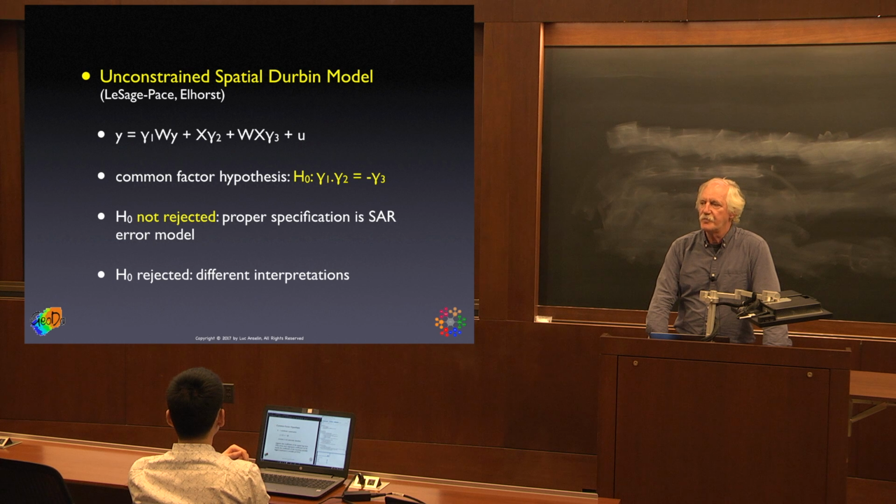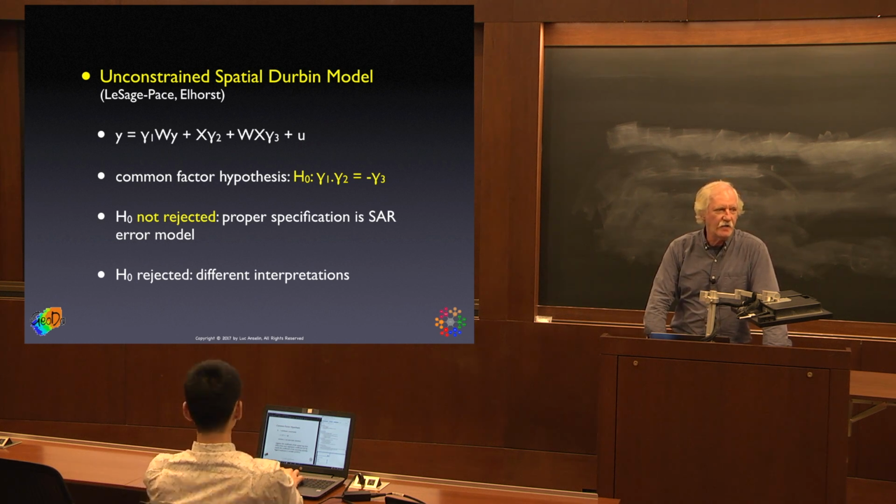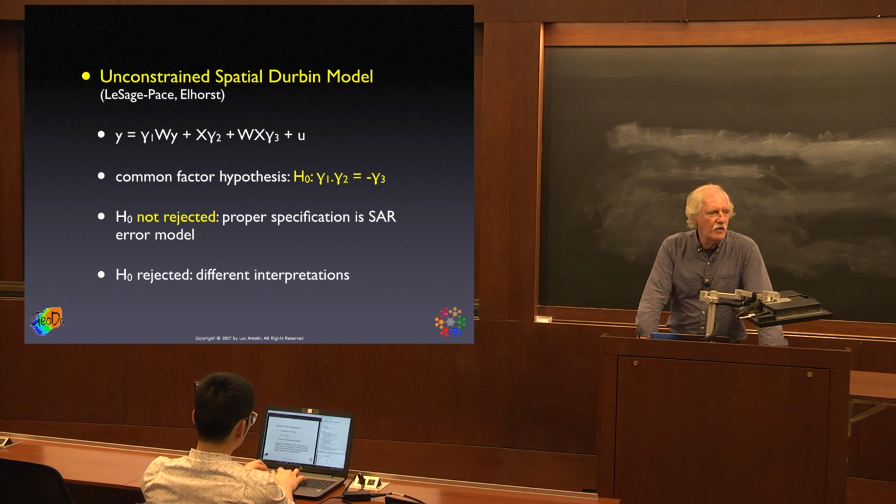So somehow along the way, somebody forgot about this common factor hypothesis and looked at the model in unconstrained form. And you can do that. There's absolutely no reason not to.